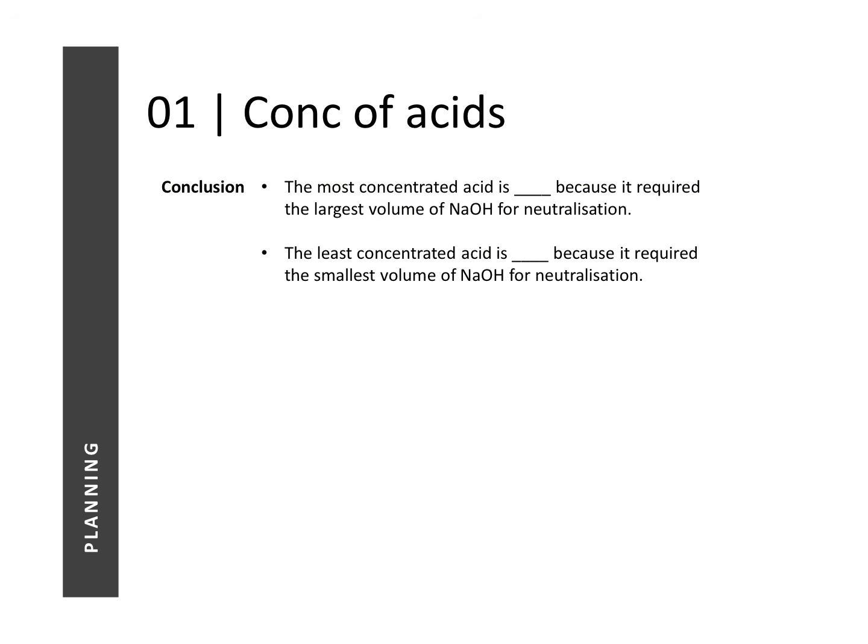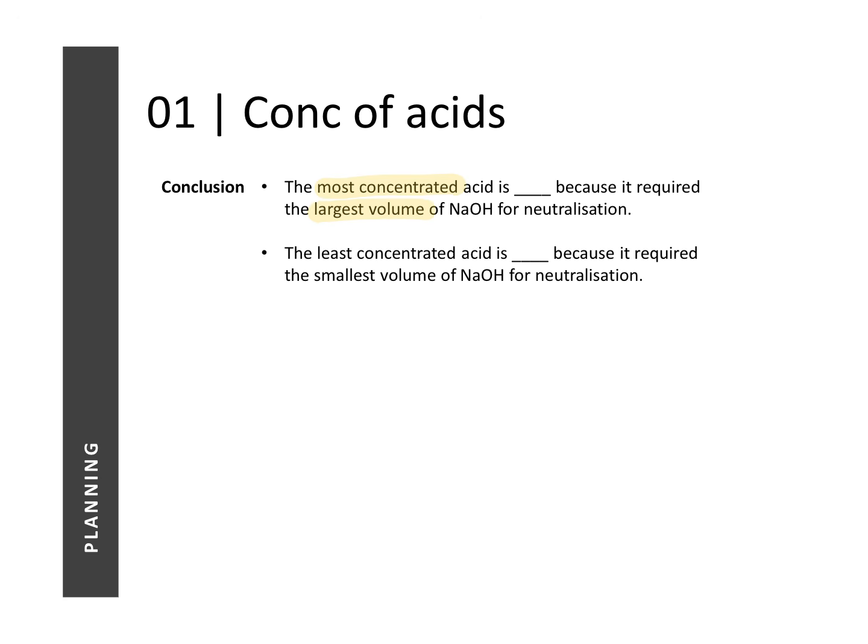Lastly, the conclusion again must address the aim directly. The aim was to determine the most and least concentrated acids. So for the conclusion to address the aim directly, we must say that the most concentrated acid is, right, we can leave it blank, there's no need for us to indicate which one, because it required the largest volume of NaOH for complete neutralization.